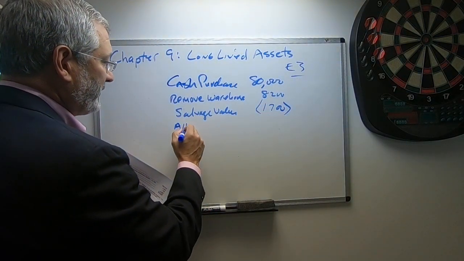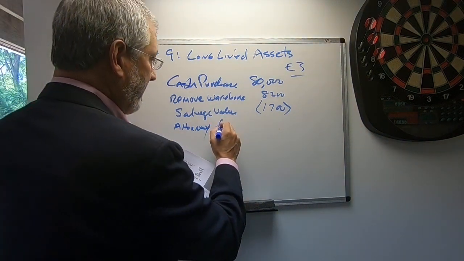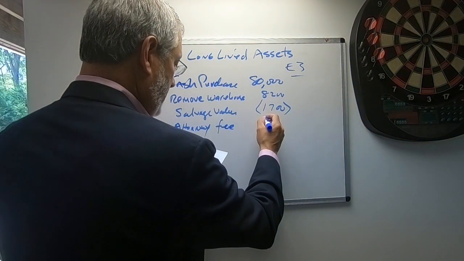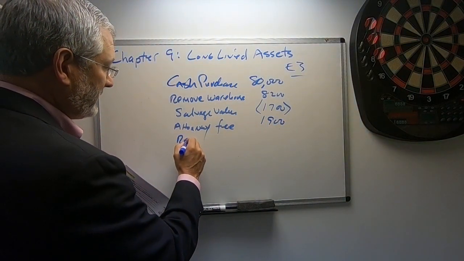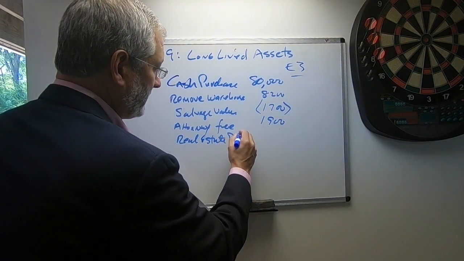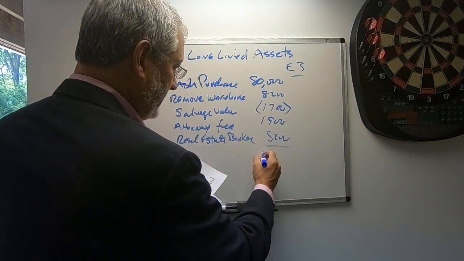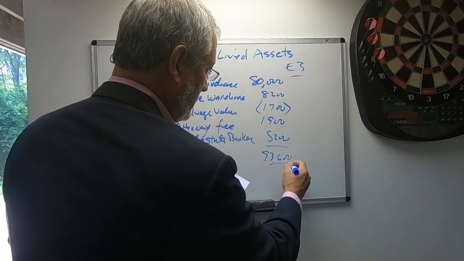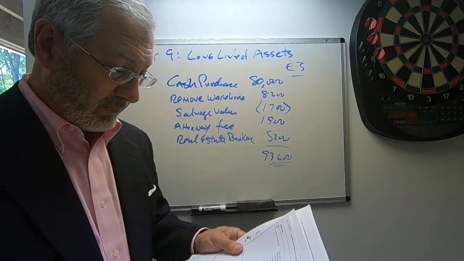They had the attorney's fee to purchase the land. That was for $1,900. And then they had the real estate broker who helped with the purchase of the land. The land account should be a total of $93,600.